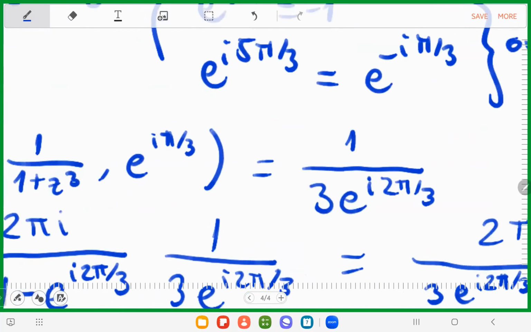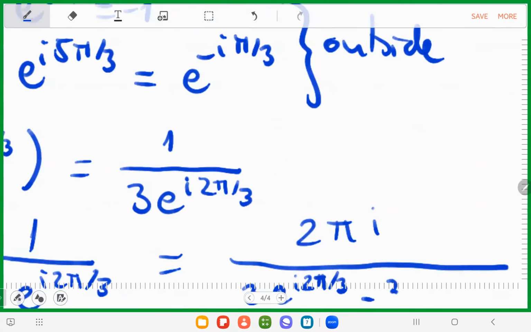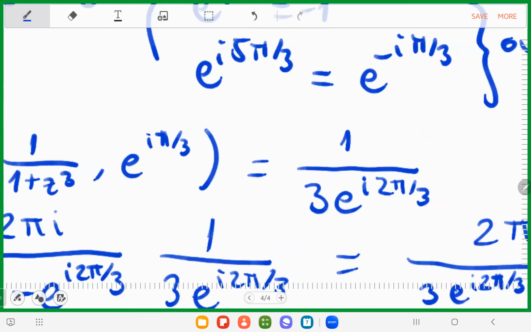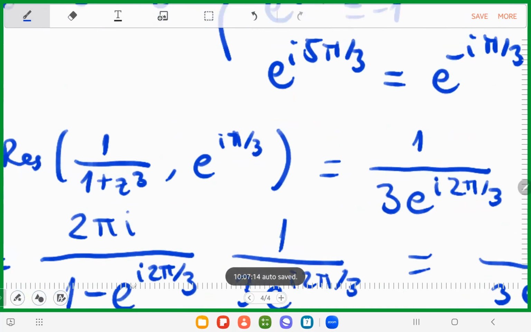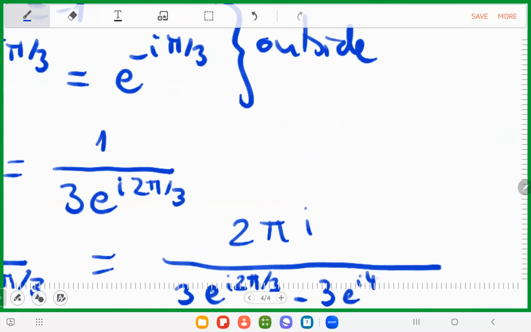This is this multiplied by 1 minus this, 3 e to the i 2 pi over 3, multiplied by this would be minus 3 e to the i 4 pi over 3. How do we simplify this?